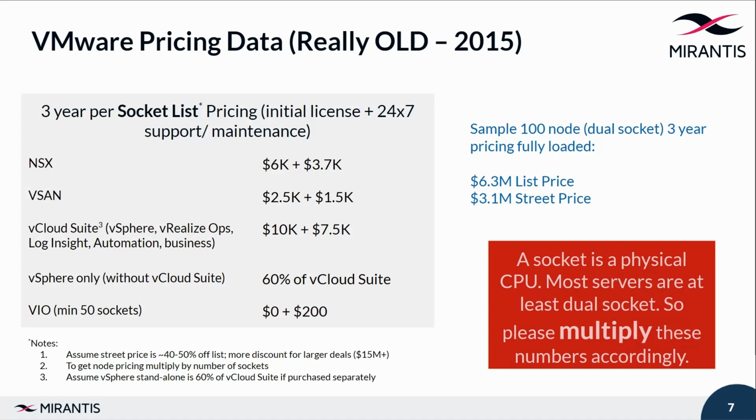Now, the thing about this is, and it's going to happen with Broadcom even more, they're going to standardize on how they do their pricing model. And it's going to be based on sockets, how many actual cores you've got within your chip. So if you're talking about Intel, there's like 4 to 8 processors or 2 to 8 processors within a single chip, and you have to multiply it by the number of cores.